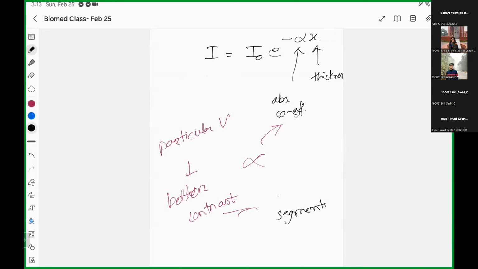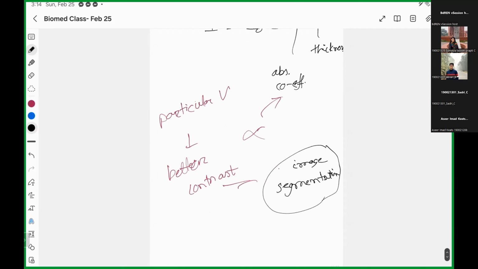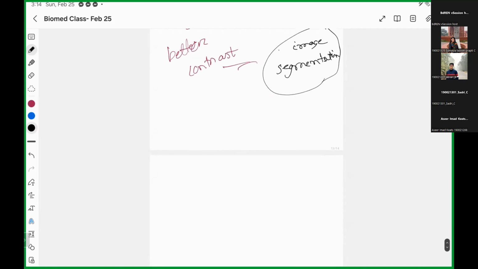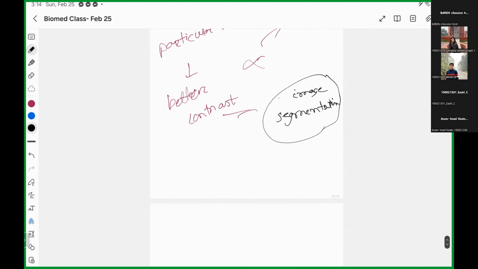So that is where we need this concept of image segmentation. Even if you have an X-ray image where you are not getting good contrast, the image quality is very poor, and you have the bone structure and the muscle but cannot see them properly, using image processing techniques like image segmentation you can differentiate the bone from the muscle very clearly.